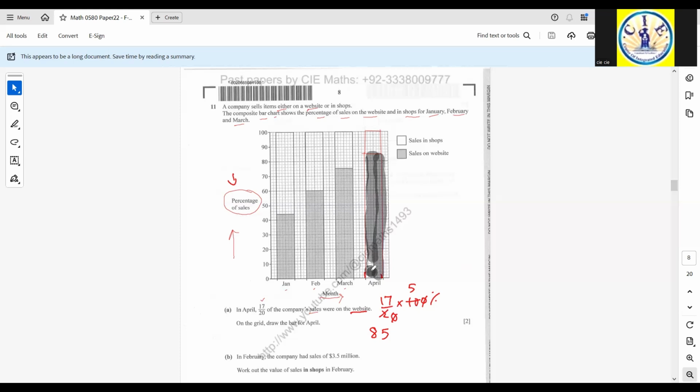This one is to be shaded to show the sales on website, and the remaining 15% is for the sales in shops. What we can do is write it down for clarity: this is 85, and this portion is representing the 15%. Since this is also given in percentage, I'm just writing 15 and 85.